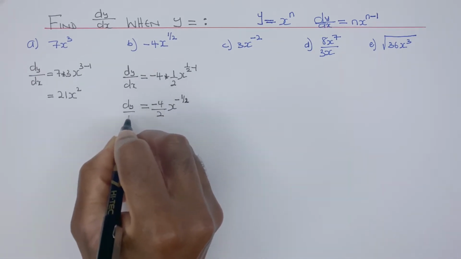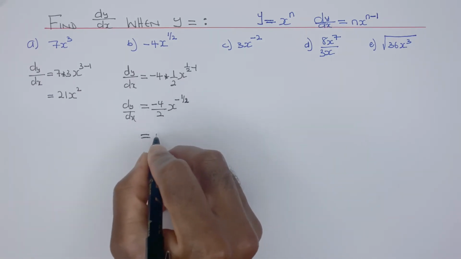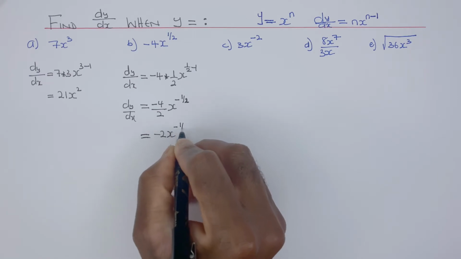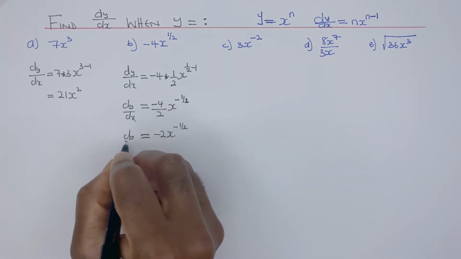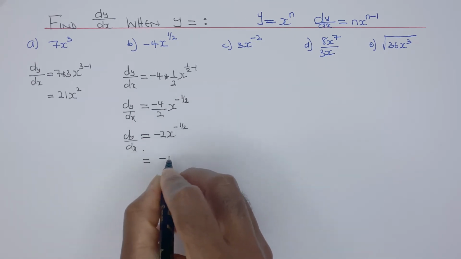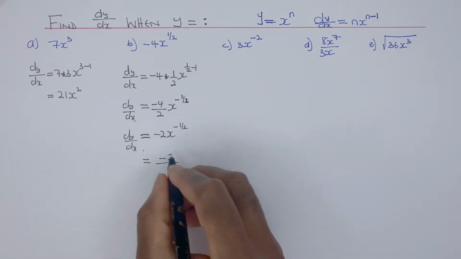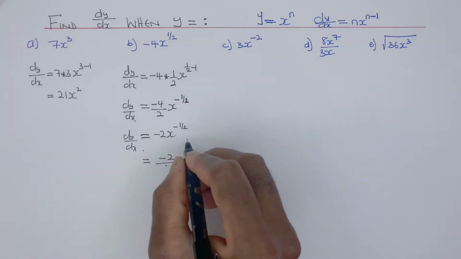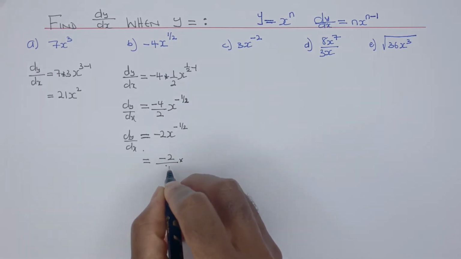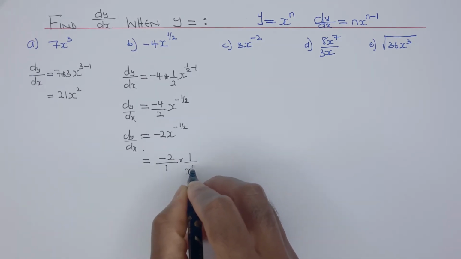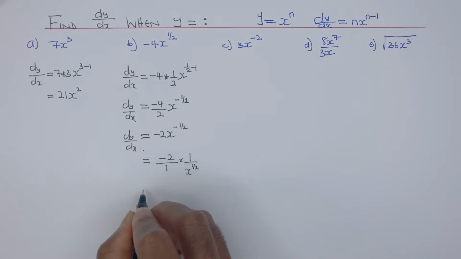That's dy/dx. dy/dx will be minus 2 x to the power minus a half, which will be minus 2 over 1 times 1 over x to the power a half.